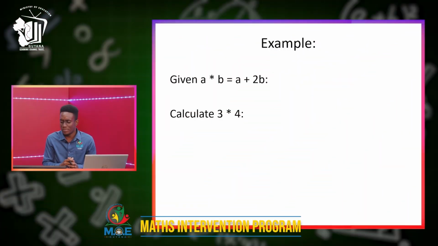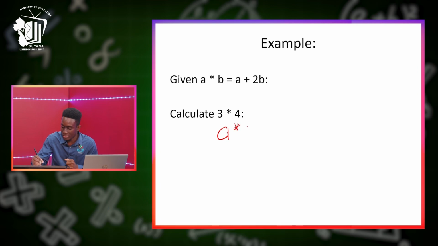So let's head into an example to put all of this into a better perspective. We have given A asterisk B is equal to A plus 2B. Calculate 3 asterisk 4. So let me write back the rule. A asterisk B is equal to A plus 2B.